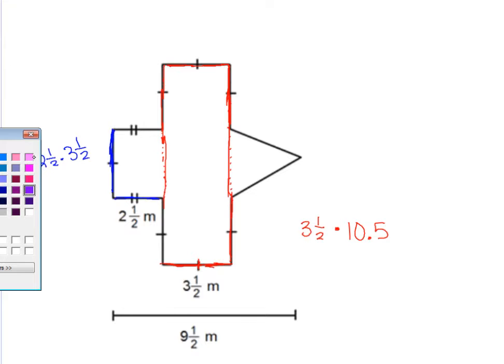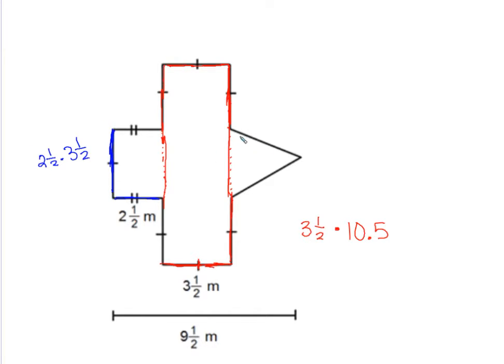Then we have this triangle. The base of this triangle is 3.5. Now we need to figure out the height of just this triangle part. The entire thing from here to here is 9.5. So 9.5 minus, this is 2.5, and this is 3.5.